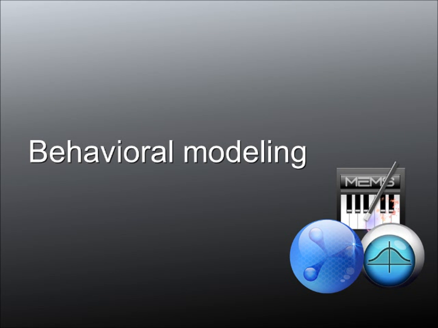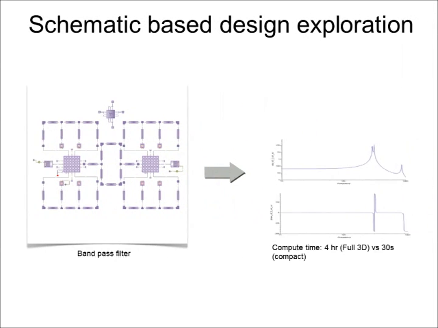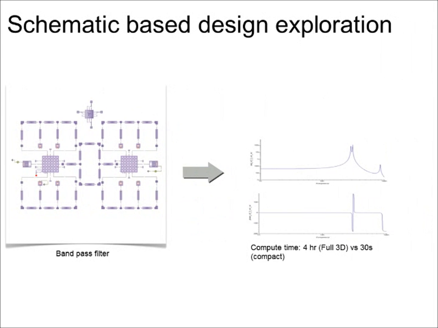So first, just a few words about our behavioral modeling tool called Simple. With Simple, you can generate your device using a schematic layout, and for each of the elements in the layout, you can define your particular characteristics, such as material, size, and you can analyze the behavior using one of the graphing tools that are available with Simple.